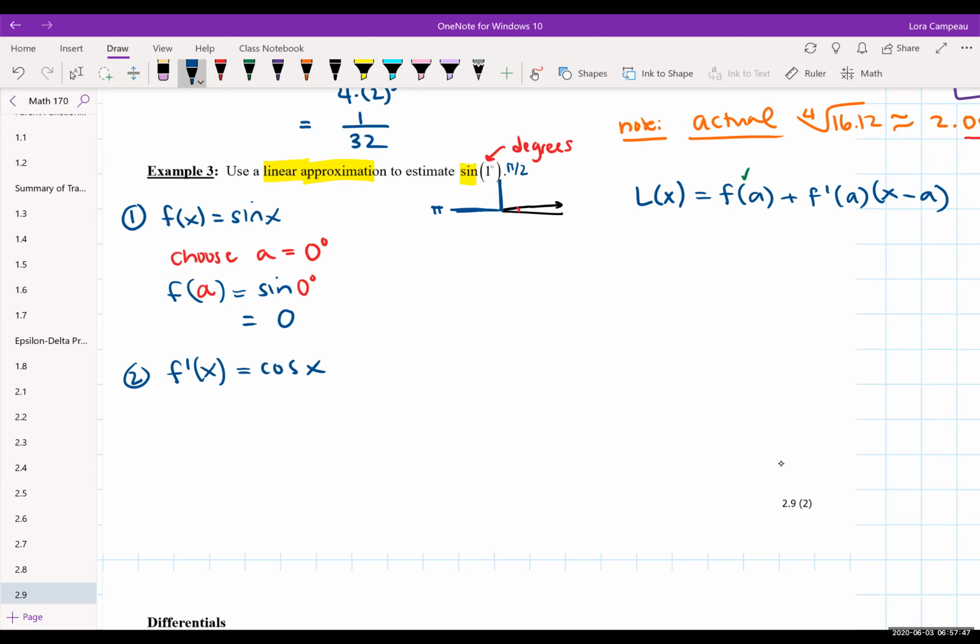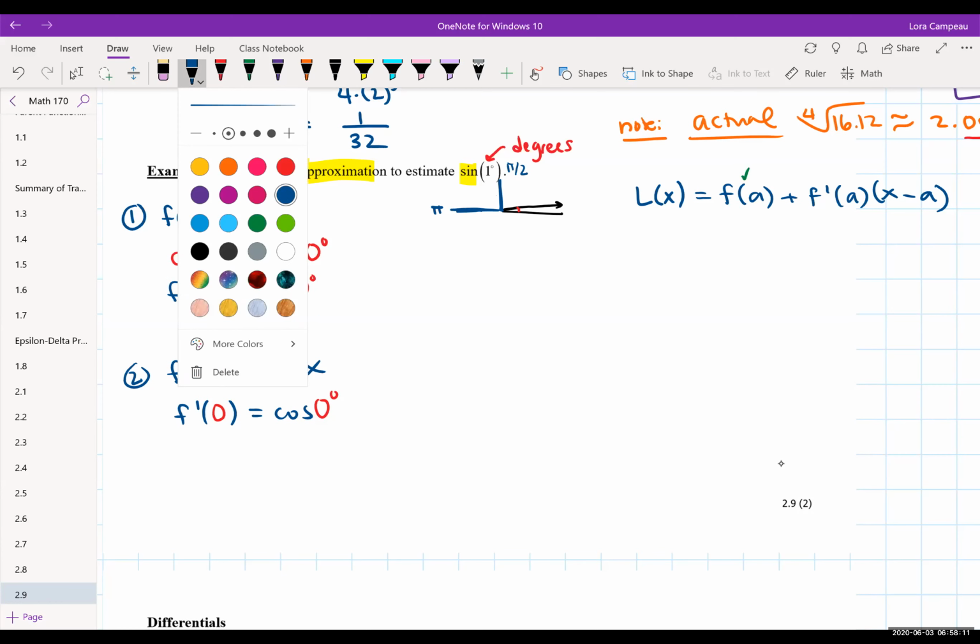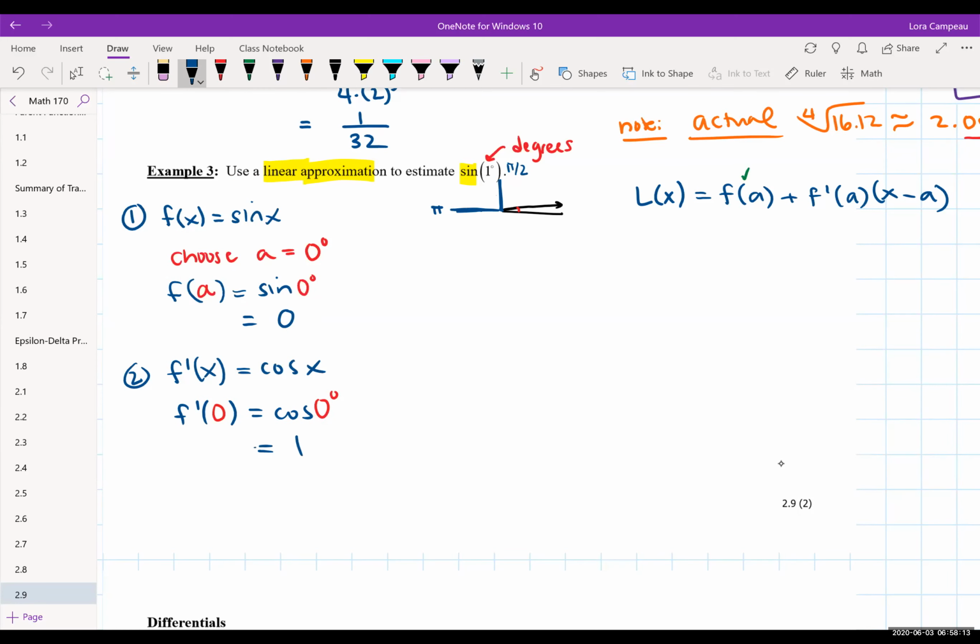So now, if we are evaluating the derivative at a, in our case a was 0, we have the cosine of 0 degrees. On the unit circle, we're on the x-axis, and the cosine of 0 is equal to 1. That's not too bad.